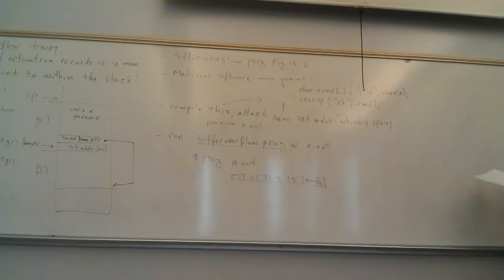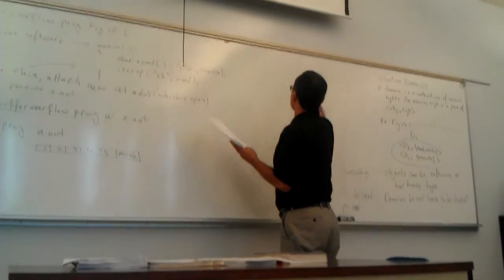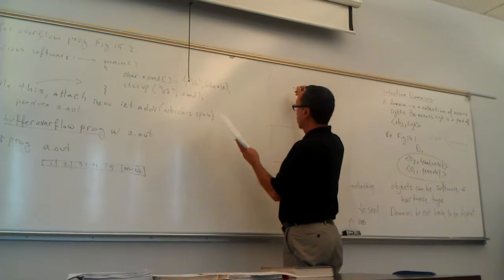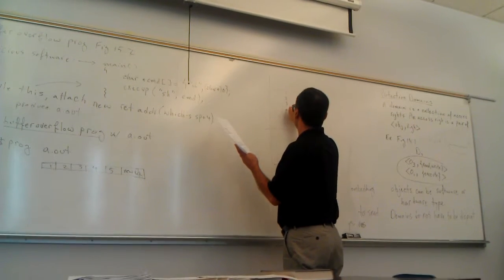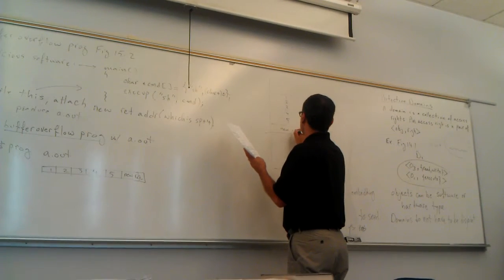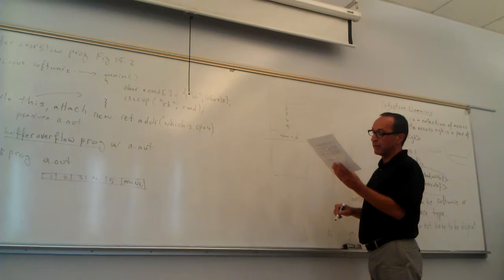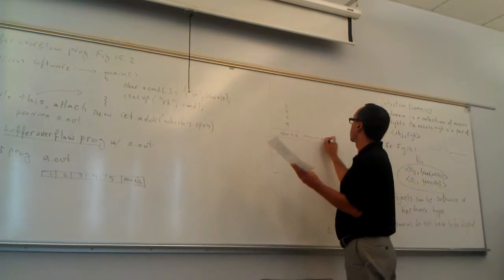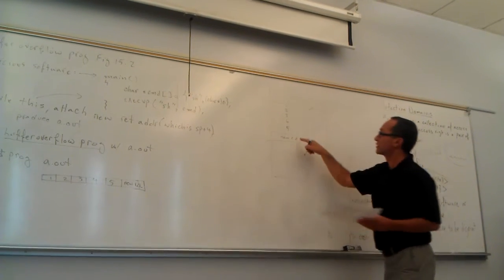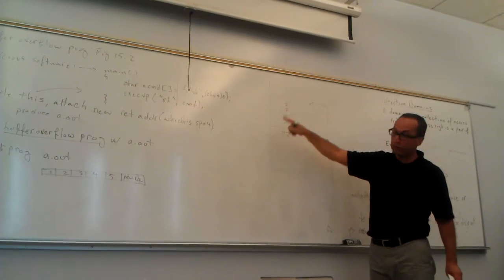And then we run out. This is what happens in this stack. You're going to get 1, 2, 3, 4, 5, and then a new return address in there. And then this new return address, I set it up so that it would point to the very first instruction of this program.